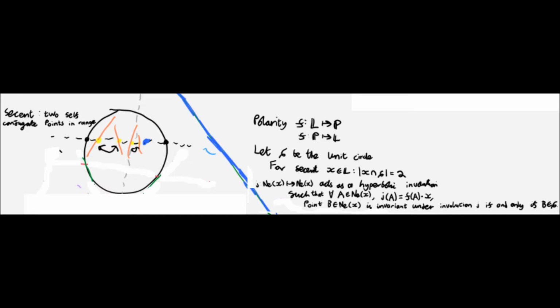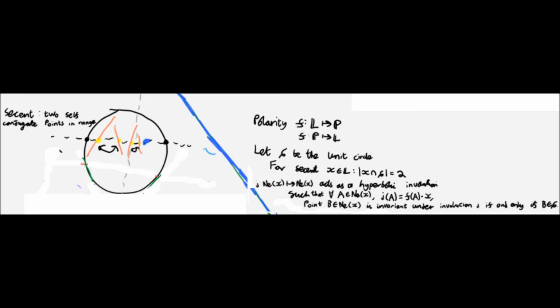So when our line is a secant, the involution induced upon it is going to be hyperbolic. Similarly, the involution induced on non-secant lines is going to be an elliptic involution, because it won't have any invariant points, because such a line will never cross the conic. Okay, so that's the idea with respect to secants and non-secants.